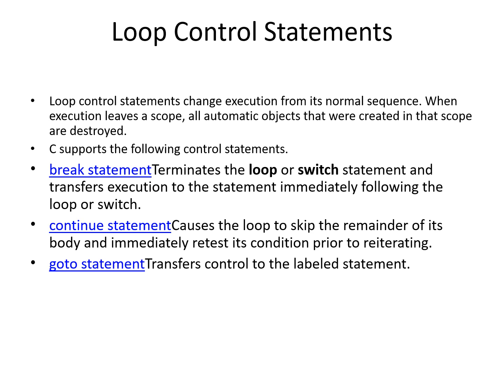The continue statement causes the loop to skip the remainder of its body and immediately retest its condition prior to repeating. The goto statement transfers control to the labeled statement.